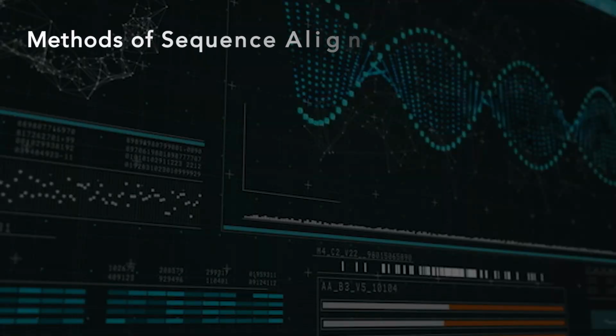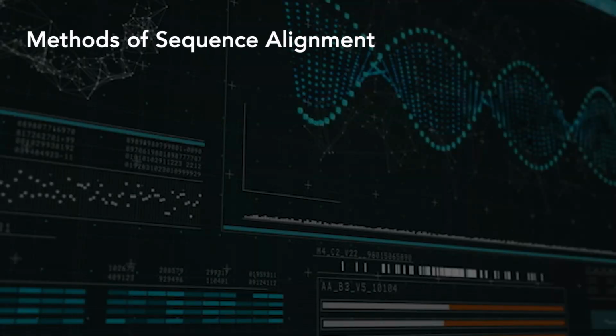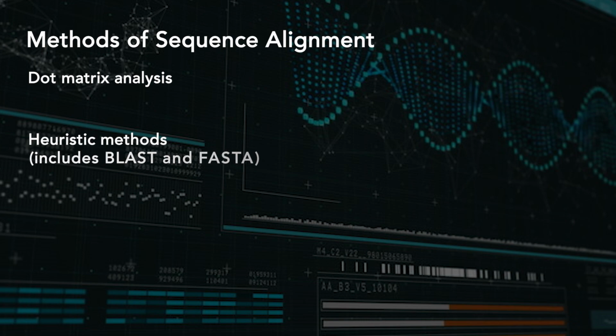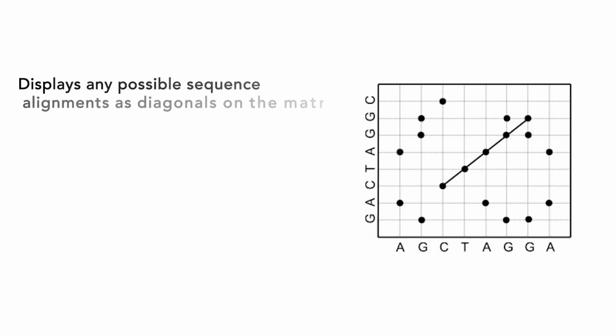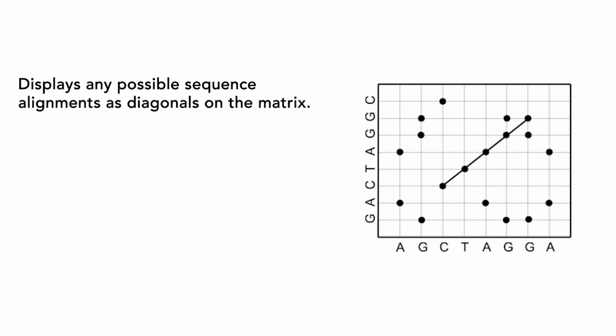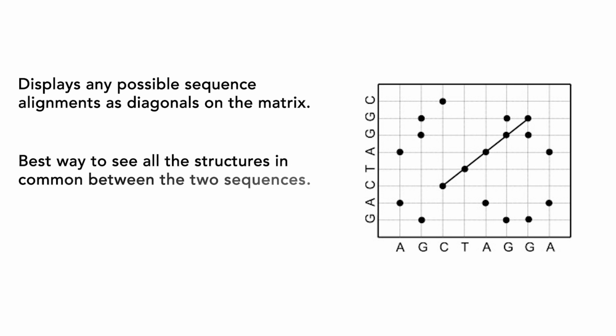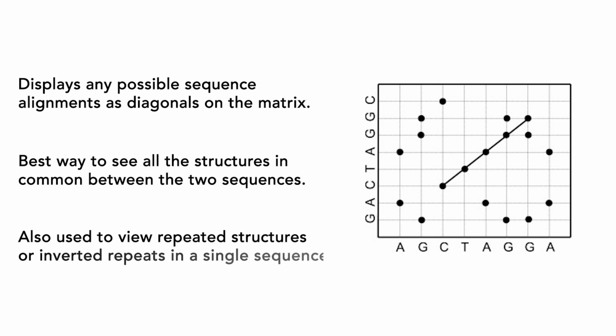So, coming to the further process, what are the different types of methods involved for sequence alignment? The dot matrix analysis, dynamic programming algorithms, and heuristic methods, which include BLAST and FASTA. The dot matrix analysis displays all possible sequence alignments as diagonals on the matrix. It is the best way to see all the structures in common between the two sequences, and the dot matrix is also used to view repeated structures or inverted repeats in a single sequence.